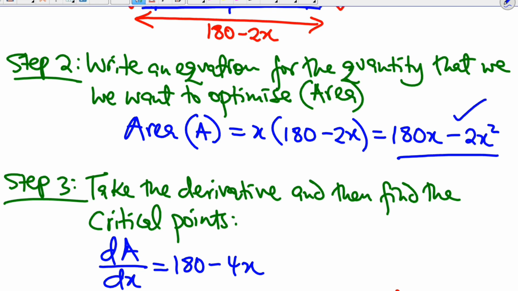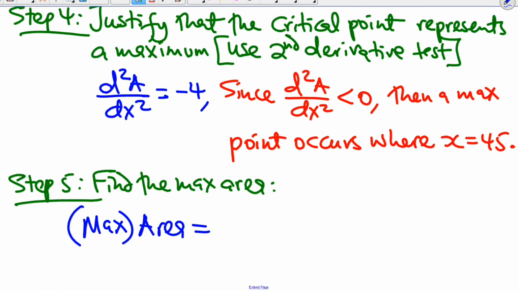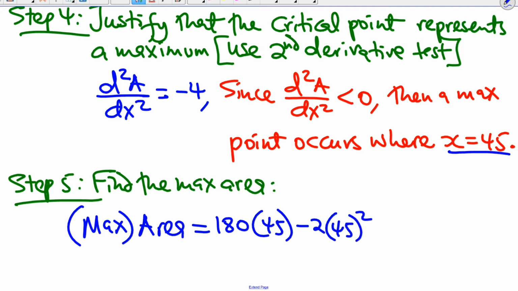So you come over here and substitute that value of 45: 180 times 45 minus 2 multiplied by 45 squared, and that will give you 4050 meters squared.